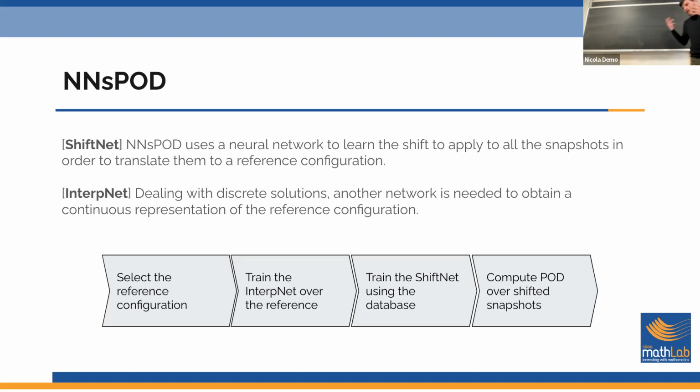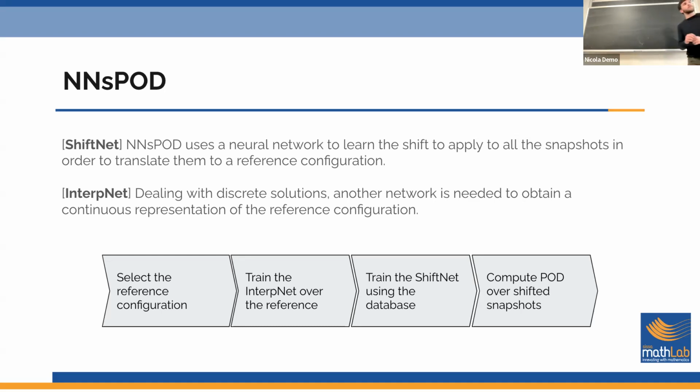And here I try to summarize what the main steps of this algorithm are. At the beginning, you need to select a reference configuration. You have, I don't know, hundreds of snapshots. You select the one that you consider a good configuration, in the sense that all the other snapshots will try to become similar to that specific reference configuration.